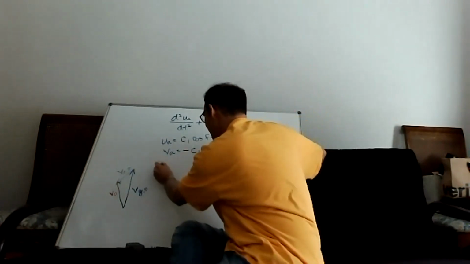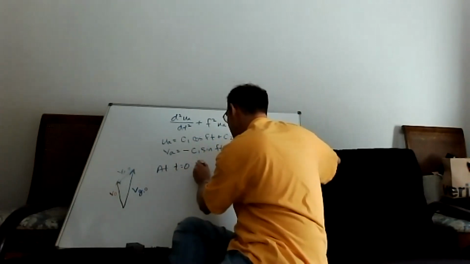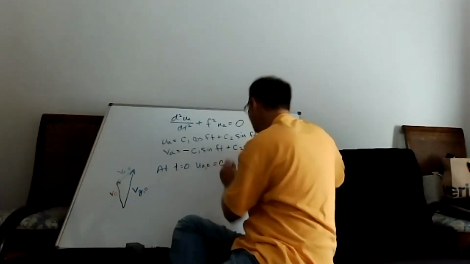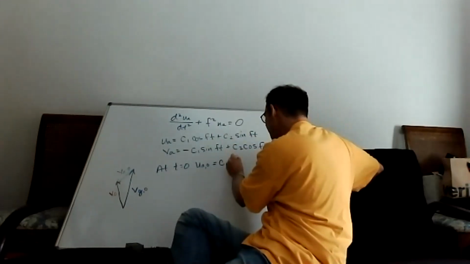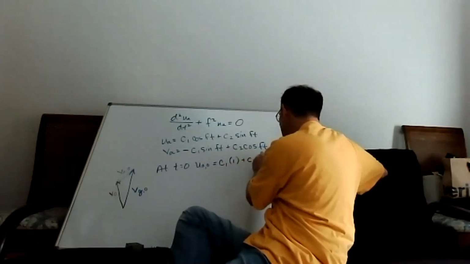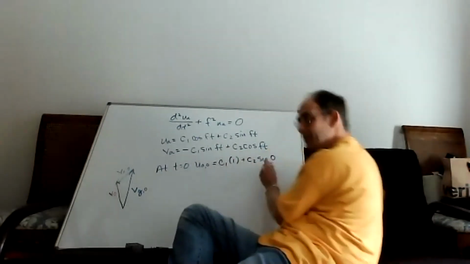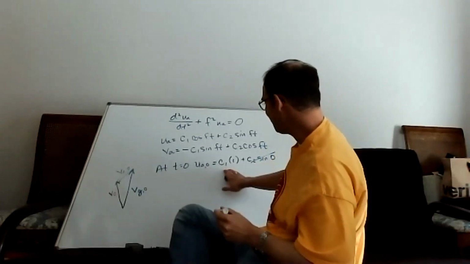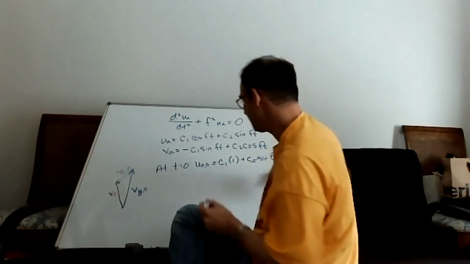So at t equals 0, u sub A naught is going to equal what? C1 times the cosine of 0. Well, the cosine of 0 is just 1, plus C2 times the sine of 0, which is 0, so this term drops out. So we can see that C1 is just equal to our initial u component of the geostrophic wind.